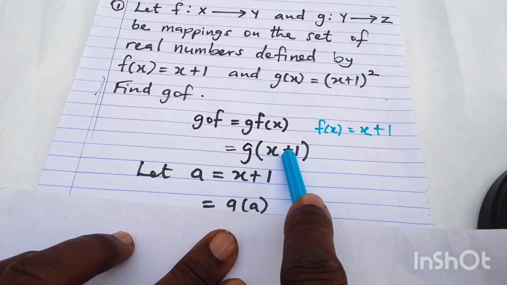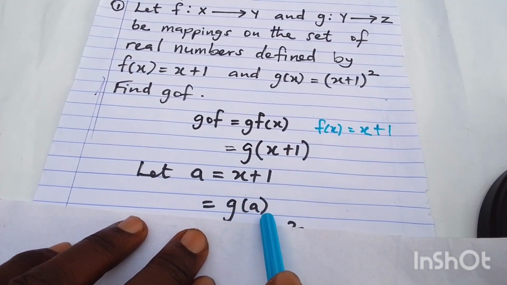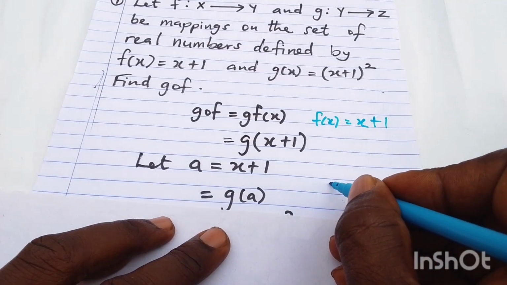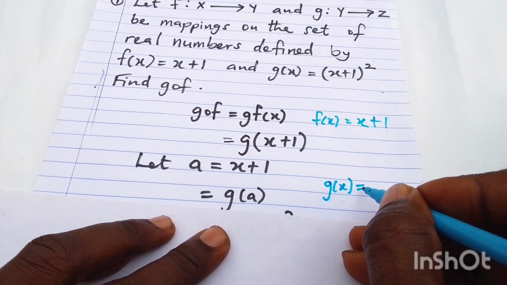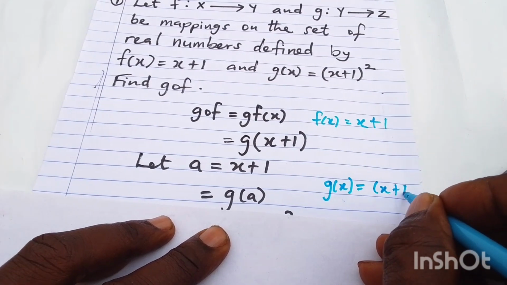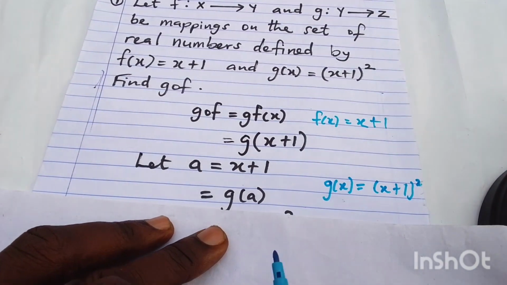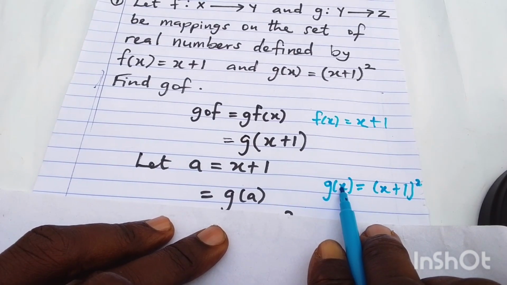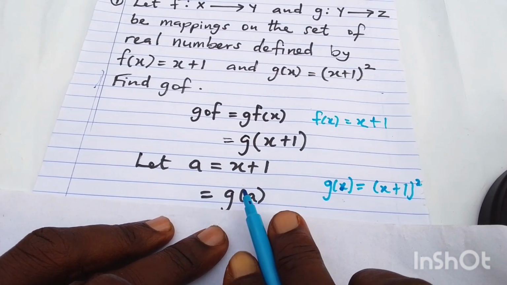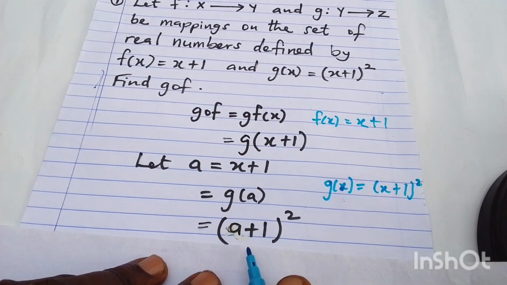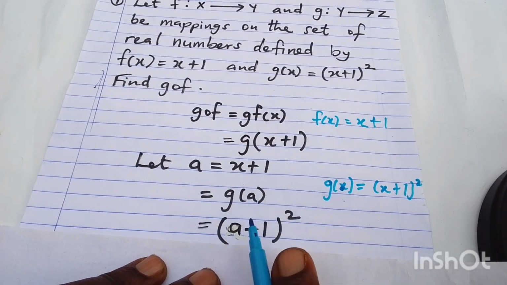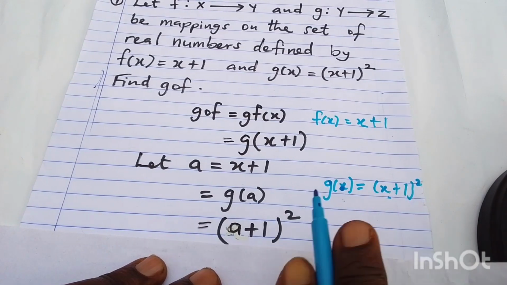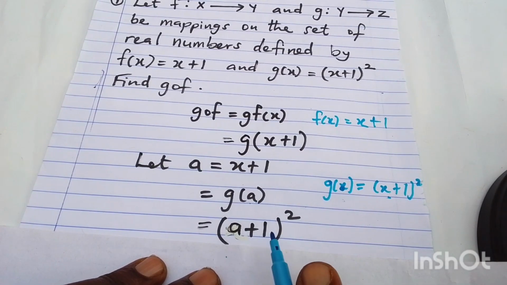So in place of X plus 1, I'm going to put G of A. Now, our G of X is X plus 1 squared. So in place of this X, I'm now putting A into this formula. So in place of X, I'll now put A plus 1 squared.